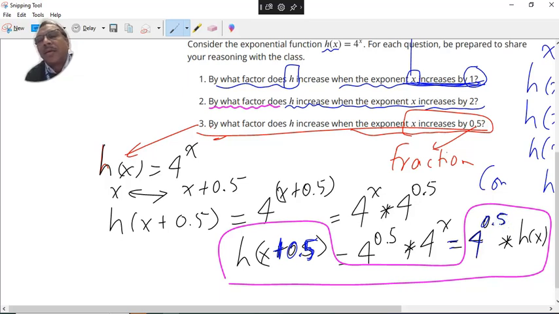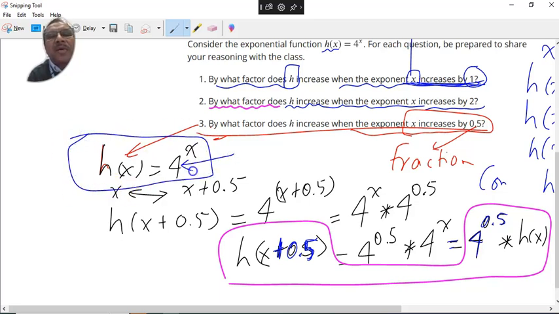So where did this 4 come from? It is because the original function has the base 4, which is the growth factor. So this growth factor gets multiplied.